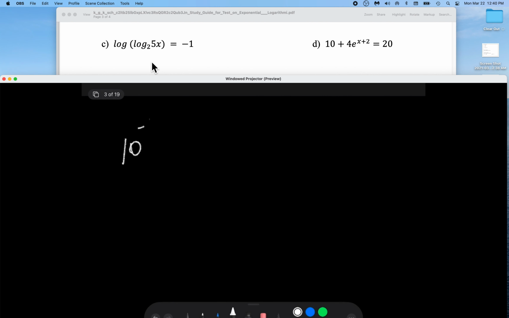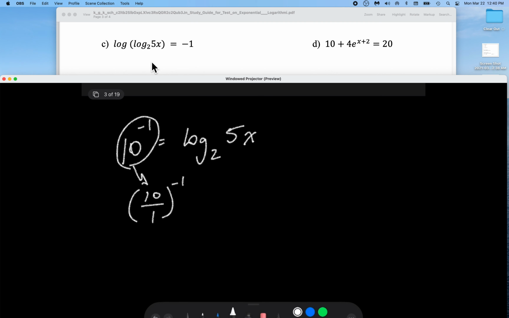So 10 to the negative first power equals log base 2 of 5x. Don't get intimidated here. You know how to handle that. That is 10 over 1 raised to the negative first. It's the same thing as 1 over 10 to the first. So all we did was make this a fraction to make it more clear, flip it, and change the sign.